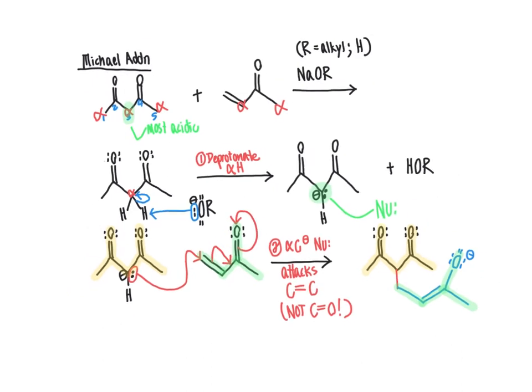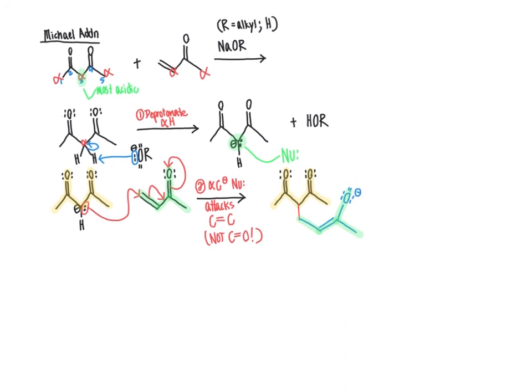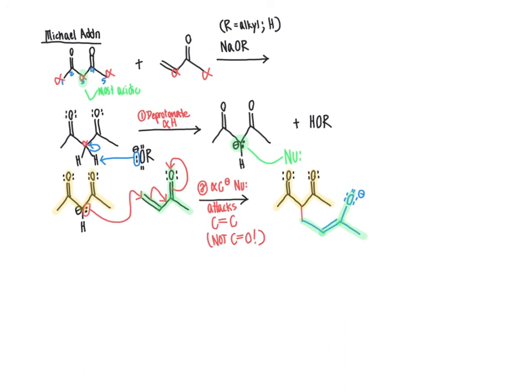I'm going to go ahead and zoom out just a little bit here so that we have a bit more room to work. And I'm going to redraw that product of step 2 as we move onward into step 3 here. So in step 3, just redrawing the product of step 2, I'll draw that new carbon-carbon bond that we made in red, illustrating how this is another useful way to make carbon-carbon bonds to build complicated molecules out of simple ones.